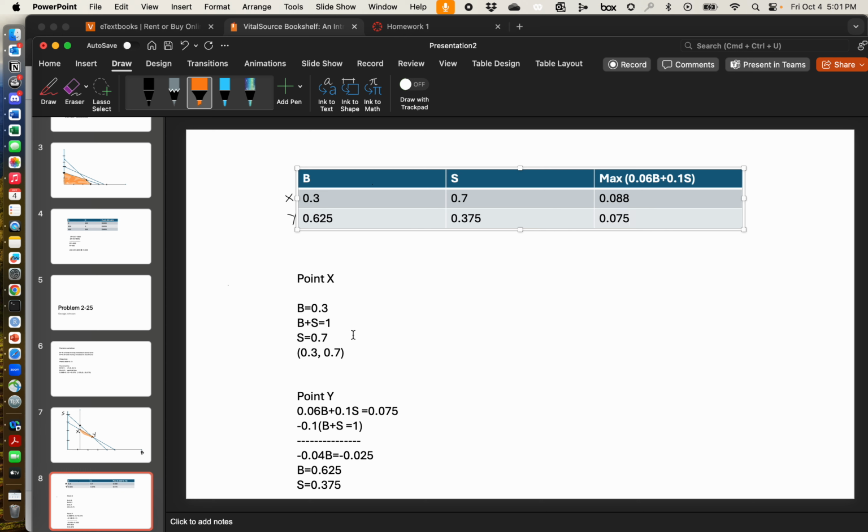So if we choose the first option, which is 30% bond, 70% stock, we get 8.8% return. If we choose 62.5% bond and 37.5% stock, we get 7.5% return. So 8.8 is better, and so that's the solution that we pick. So 30% in bond fund, 70% in stock fund, with the overall return of 8.8%. And that's the final solution.